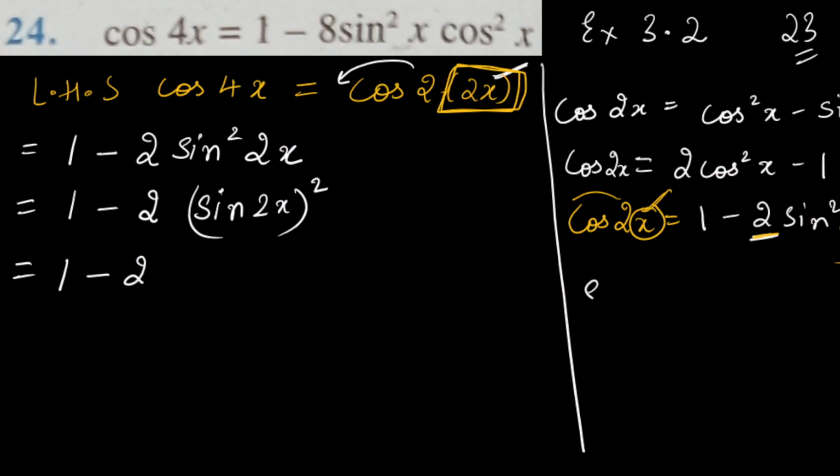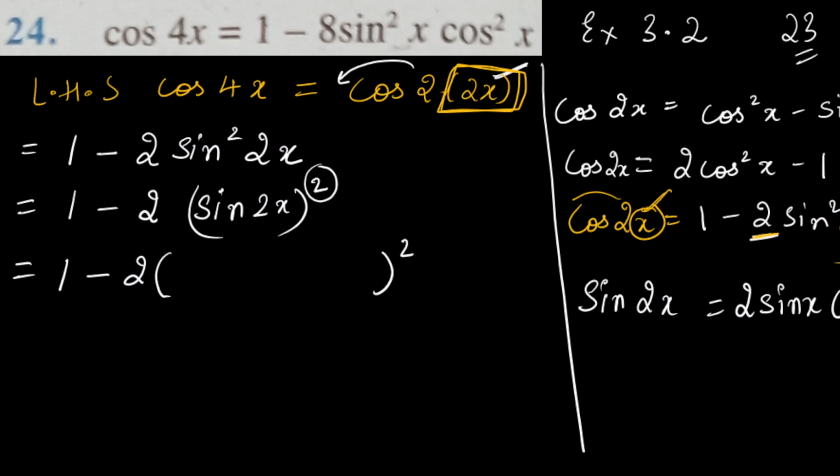In previous questions we have used the formula of sine 2x, which is 2 sine x cos x. This is the formula of sine 2x. So I can write whole square, I have everything as it is, only in place of sine 2x, I am going to write 2 sine x cos x.